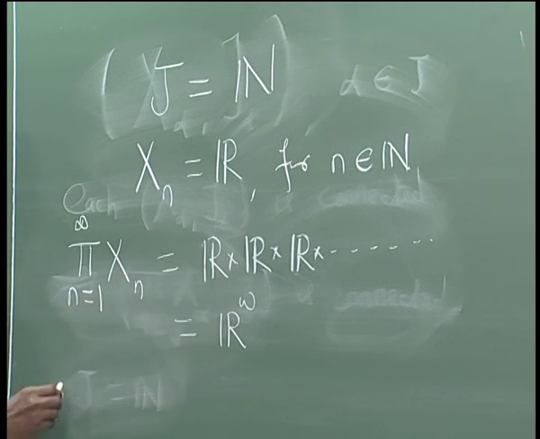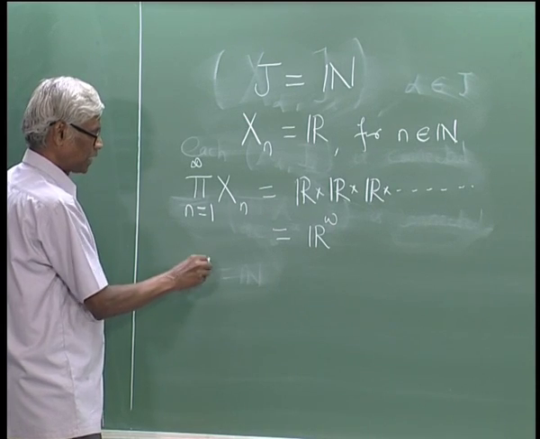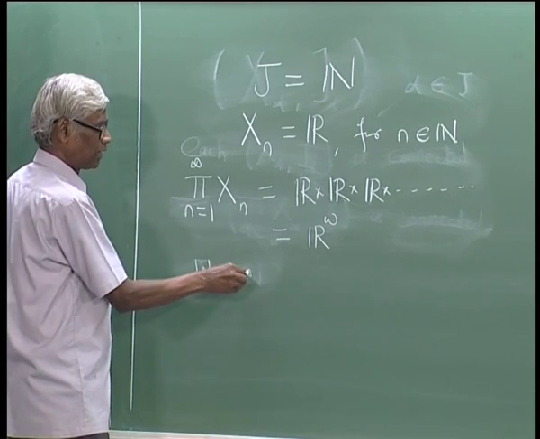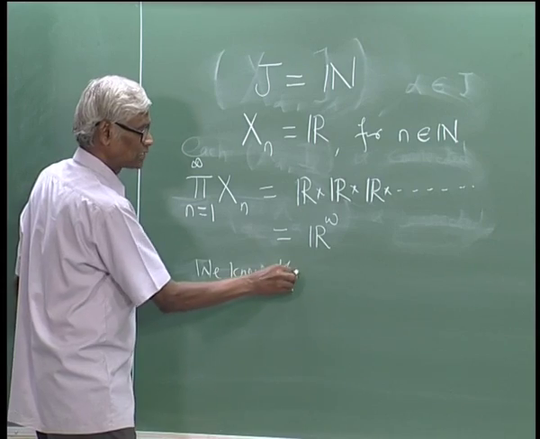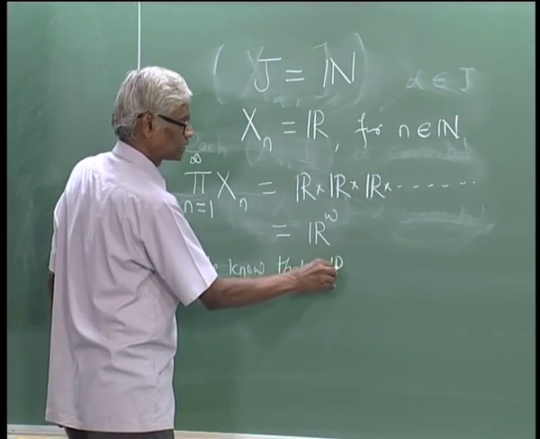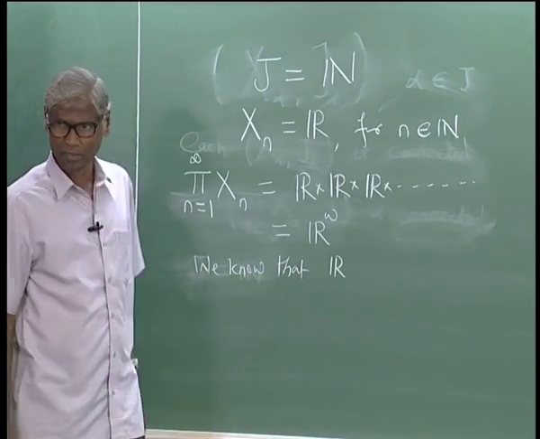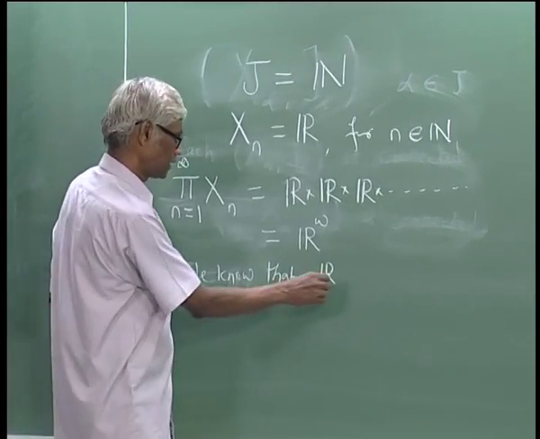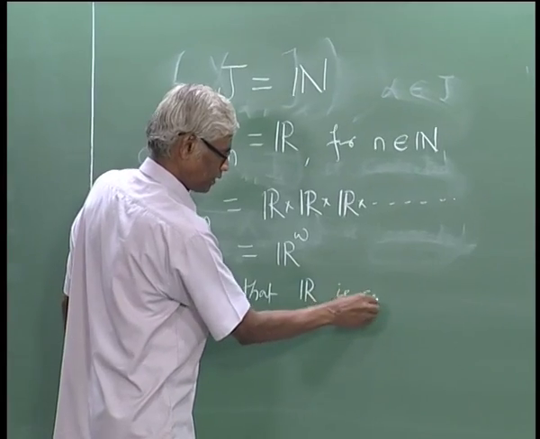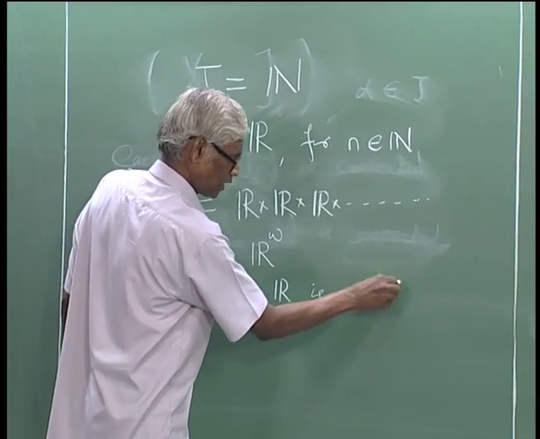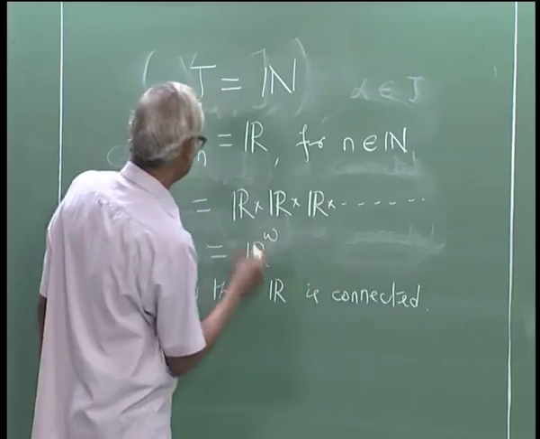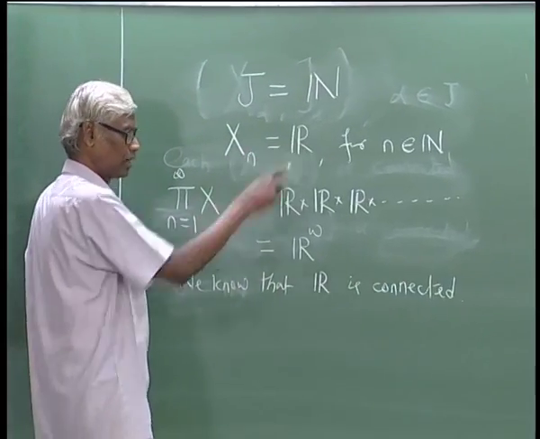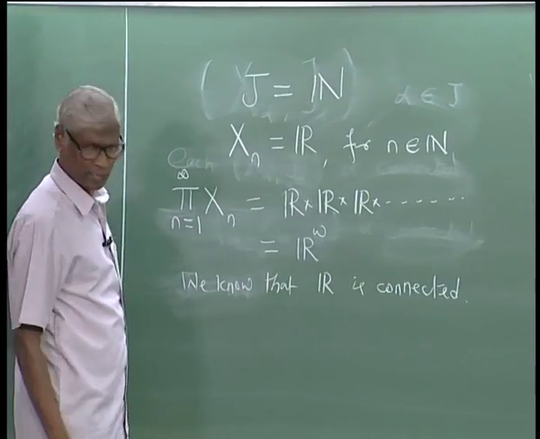We know that R, the set of real numbers with the usual topology, is connected. So our coordinate space X_n, which is R, is connected.